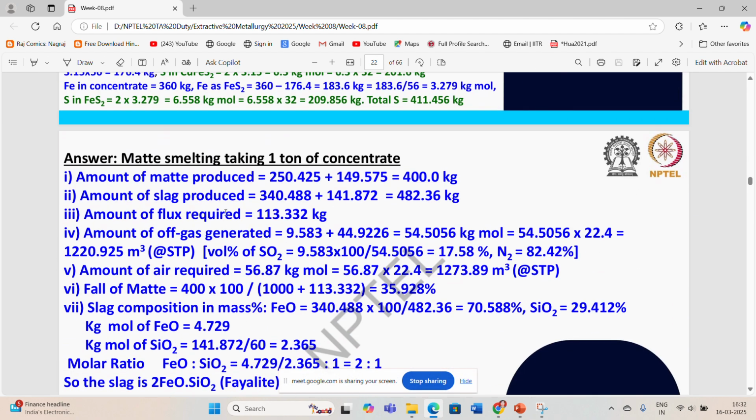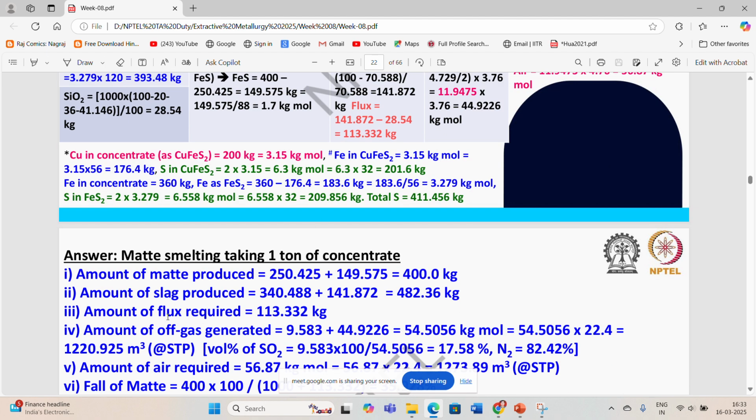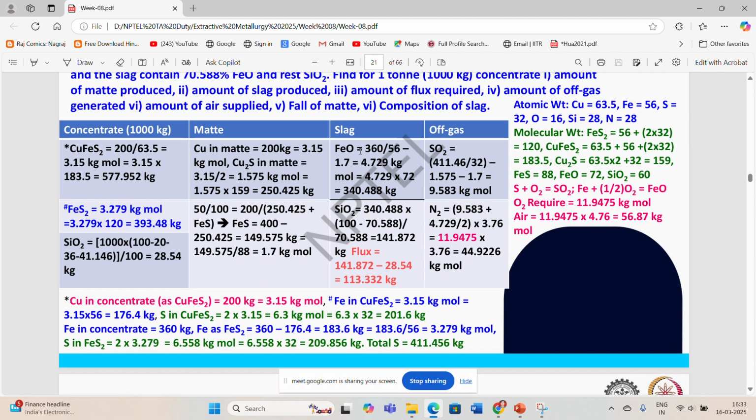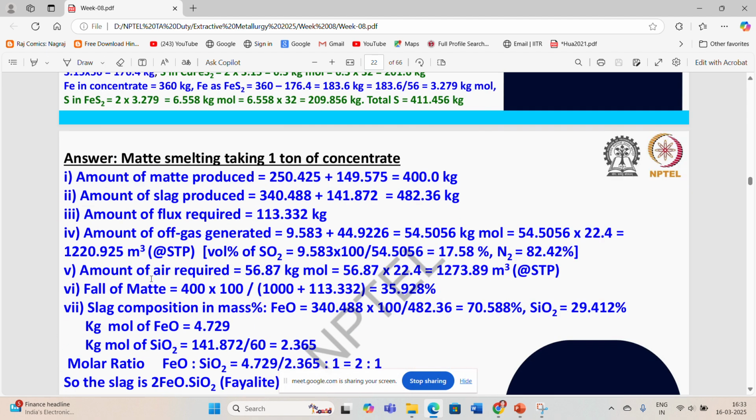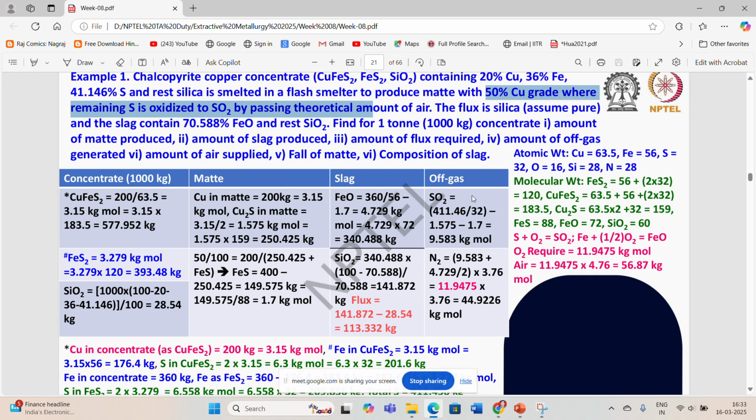Then the amount of slag produced: in the slag, generally FeO and SiO2 are reporting. Then the amount of flux required we can calculate according to the FeO·SiO2 reaction. Then the amount of off gases generated: in the off gases we can think about two things, one is SO2, and the second one is N2.